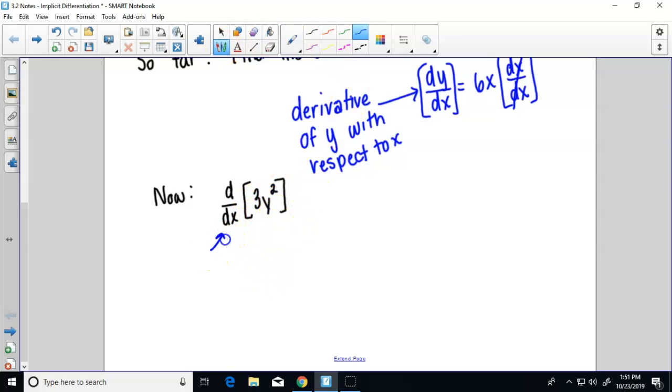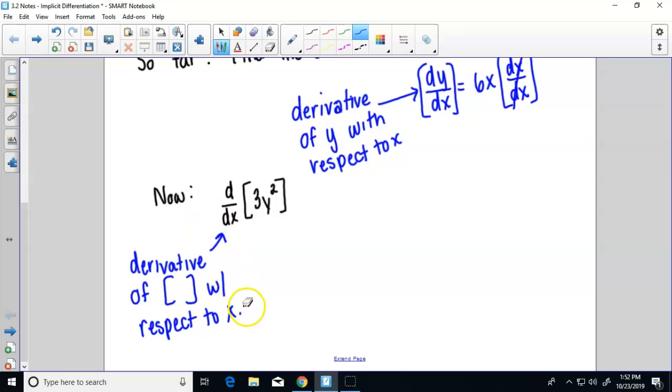So whenever you see this d over dx, this is derivative of whatever's in the brackets with respect to x.